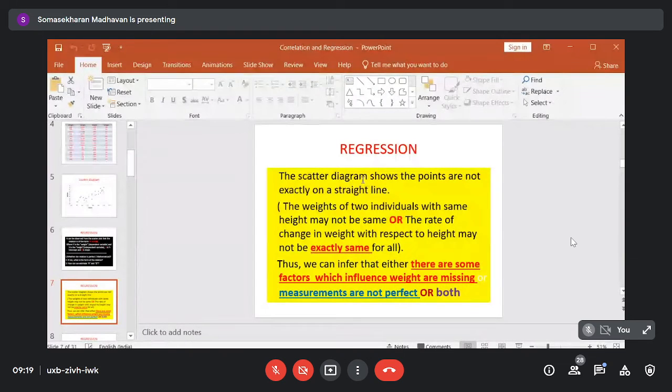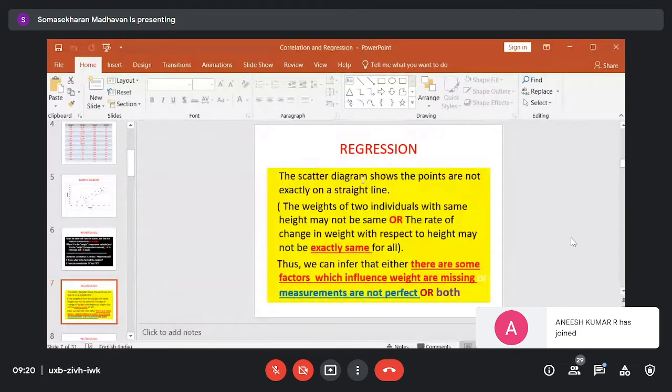The scatter diagram shows the points are not exactly on a straight line. The weight of two individuals with the same height may not be the same. But this is not possible in the case of a mathematical relation. If they are perfectly linearly related, two individuals with the same height should also have the same weight.